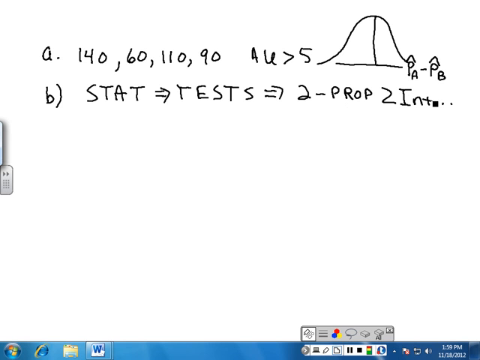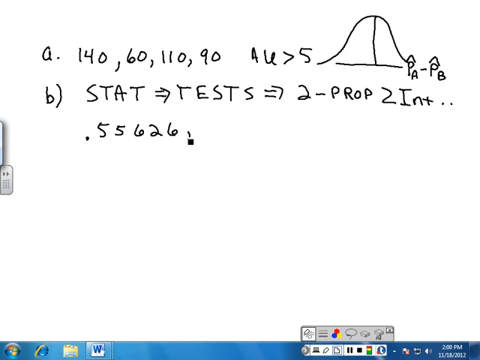Anyway, if you select that, then all you have to do is put in the numbers from our problem here, where x1, which is the same as xA, is 140, then n1 is 200, and then go on down and select 95% for your interval, and then calculate, and you should get 0.05626.